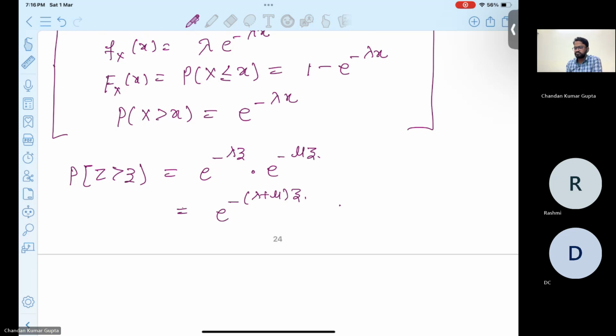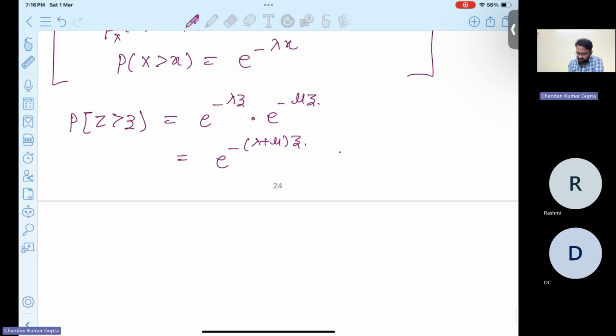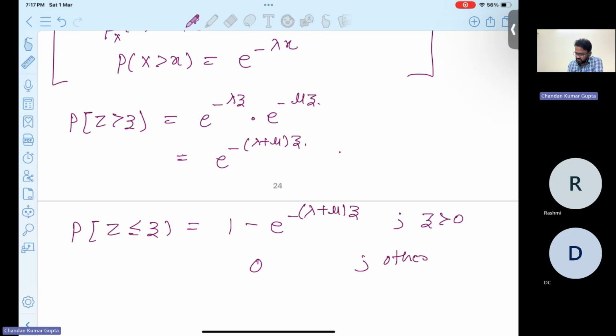Then probability that Z is less than or equal to z is defined as 1 minus e to the power minus of lambda plus mu z when z is greater than 0, or 0 otherwise.